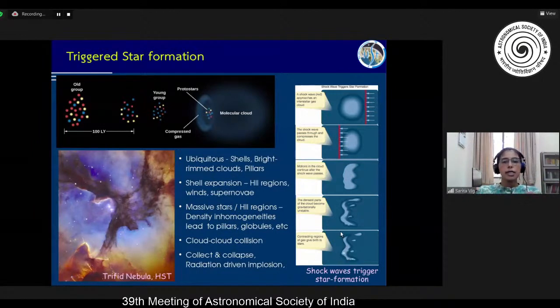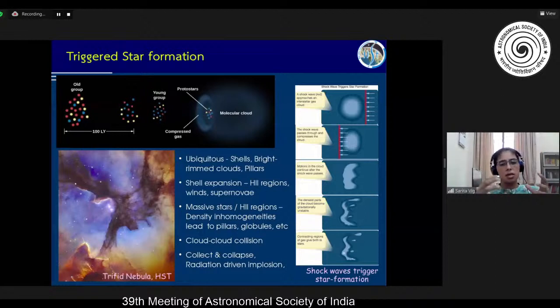So as I mentioned earlier, the ISM has a lot of shells, bright rimmed clouds and pillars. Our understanding of the shell-like structures or bubbles is that they are due to H2 regions, winds and supernovae. And the pillars and globules can be well explained by the expansion of H2 regions from massive stars due to density inhomogeneities.